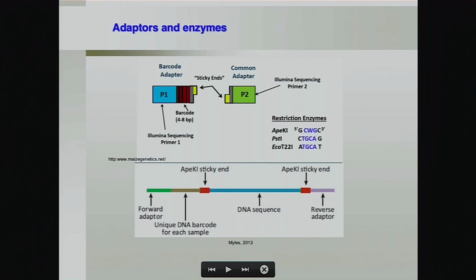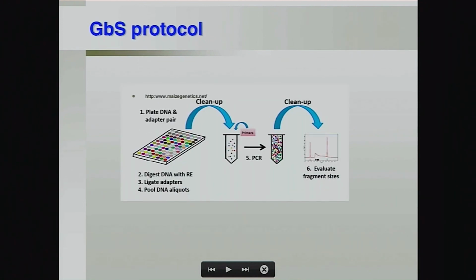Then we have a DNA barcode for each sample. What is that? It's really a sequence. Sometimes it's from 4 to 8 base pairs that are unique and identify each of our accessions. And you will see why we need that. Then we have an adapter that will be used as a forward primer and here as a reverse primer.